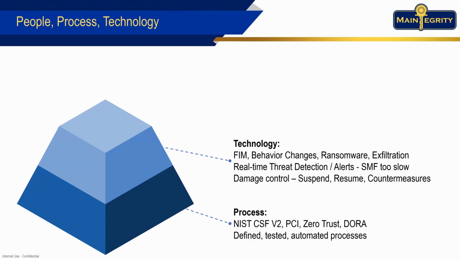But the notion that we would wait for minutes or hours or even days to get a proper reaction, things have proceeded far too far by then. Immediate damage control with our suspend, resume, and countermeasures is unmatched in the industry. So Gary, one more click.